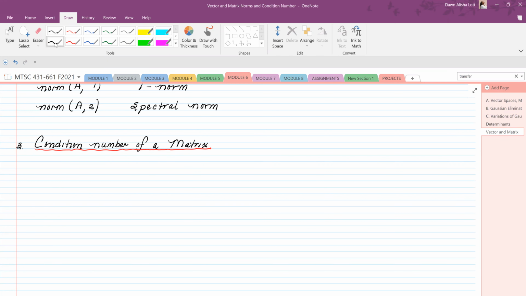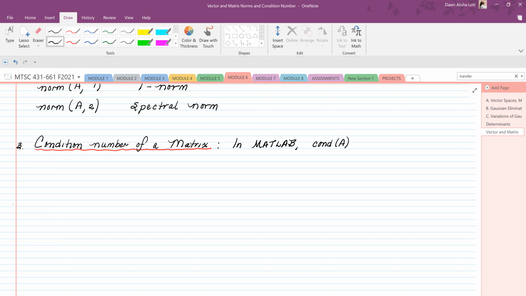Okay, and so in MATLAB, you can do the condition number of a matrix A. Now, the larger the condition number, the more difficult it will be to invert the matrix A. So something that has a condition number of 1 is beautiful.